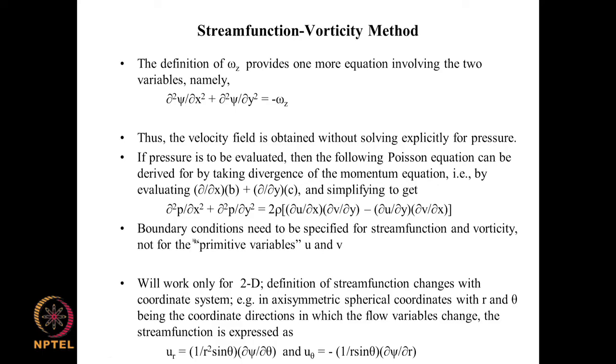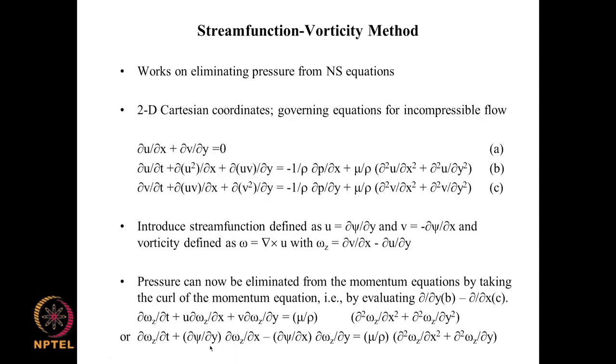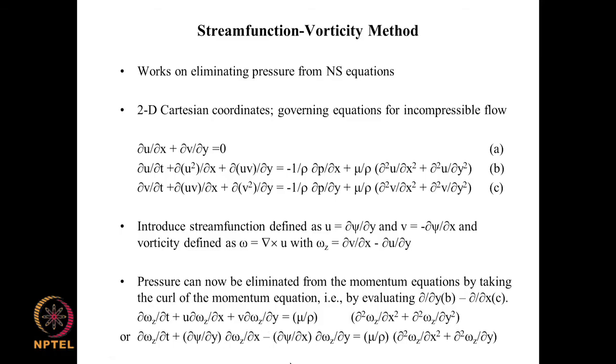Now the difficulty, it is not as simple as it sounds. One of the difficulties is the boundary conditions for the solution of this Poisson equation, and this equation is not in terms of velocities, because normally we have some velocity boundary conditions, the no slip condition, uniform velocity condition, and normal gradient equal to 0, those kind of things are known. But now we have to visualize what kind of boundary conditions will be there for psi, which is given by this equation here.